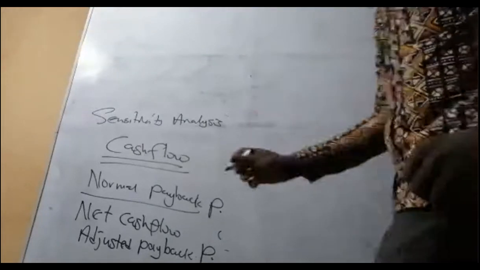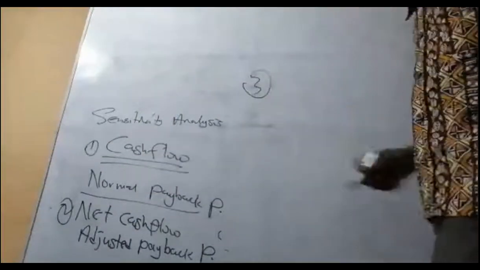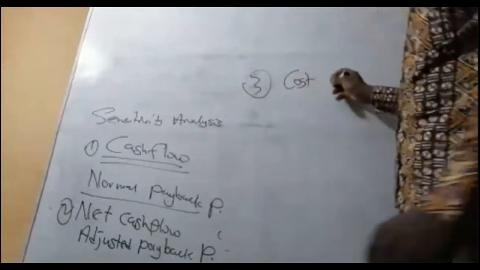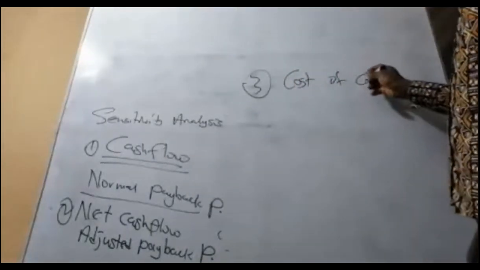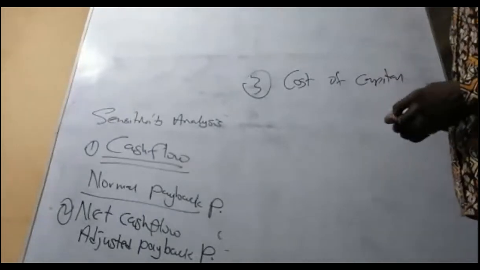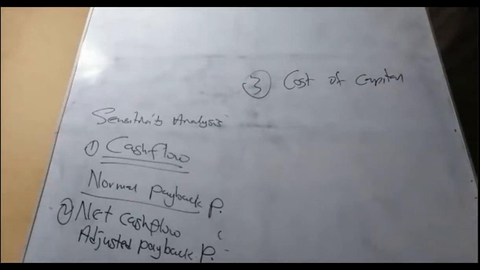So the ones we have are 1, 2, let's go to 3. Conducting sensitivity analysis on cost of capital. Cost of capital is the same as what? The discount factor.